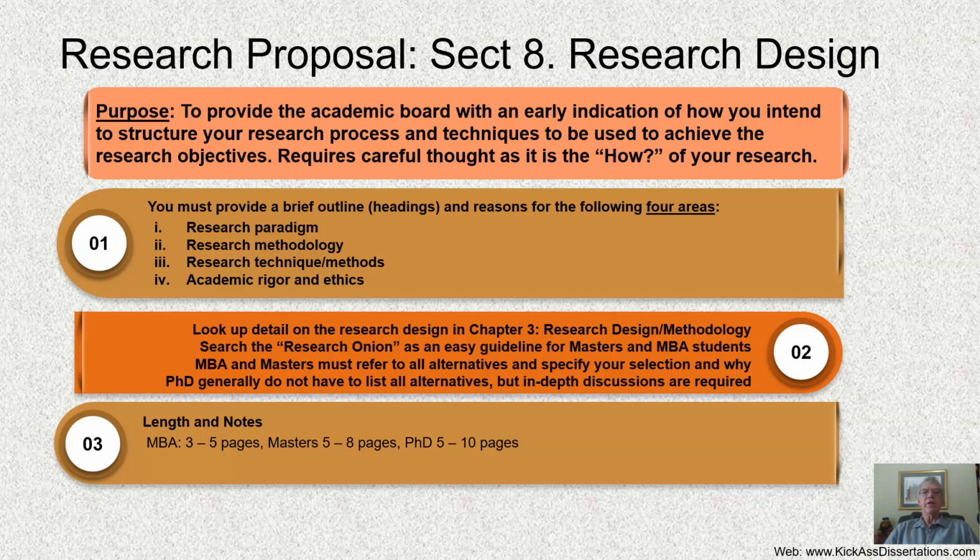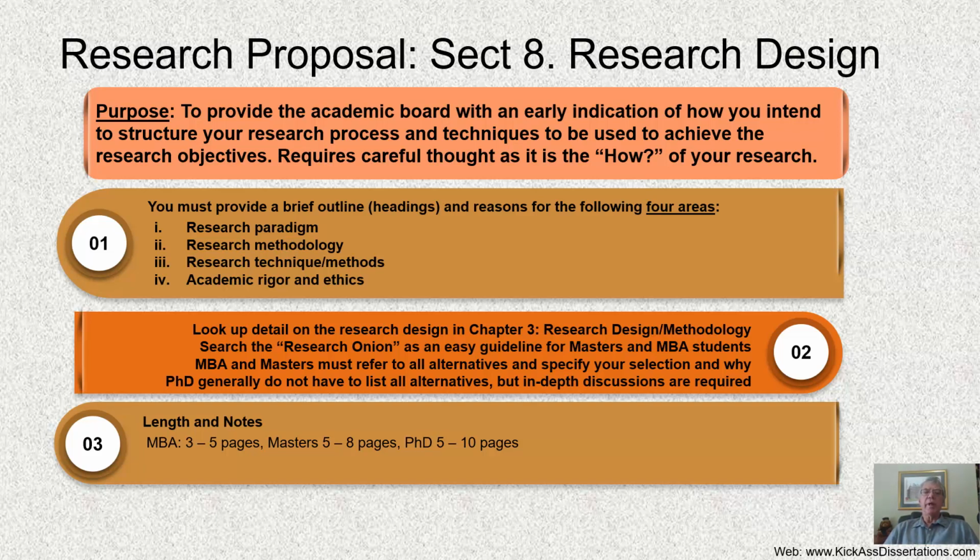Though it doesn't tell you which one to use, it really helps you understand the flow of the research. I want you to Google search the research onion. If you go to the images, you'll see that there are quite a number of them. Get a more detailed one, and you'll see that you work from the outside inward to help guide you with the options that you need to consider. It's a very practical approach.